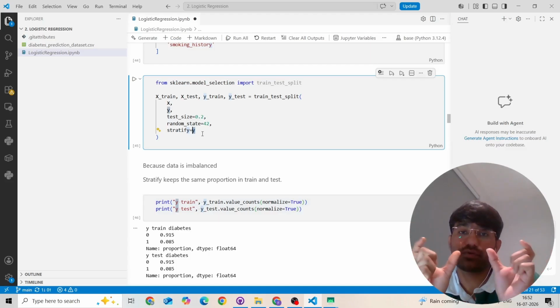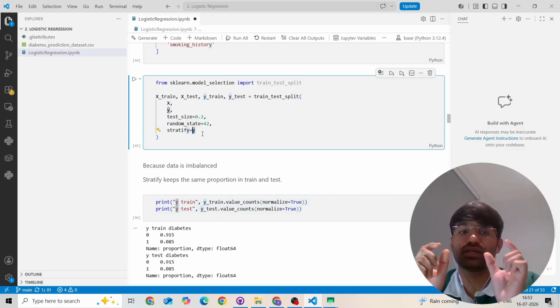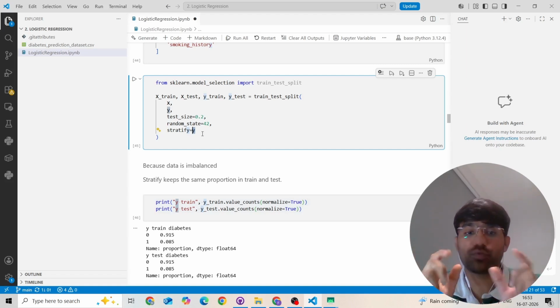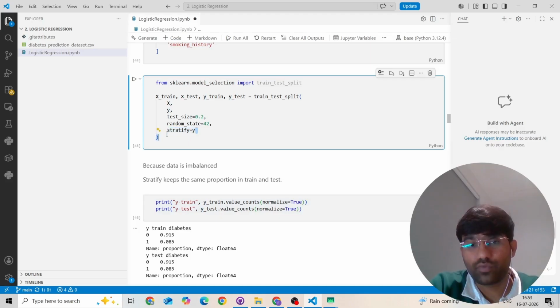I want an equal split of both the diabetic and non-diabetic between Y train and Y test, so that the model trains well. So I have used stratify equal to Y. It will equally split the target variable between Y train and Y test.